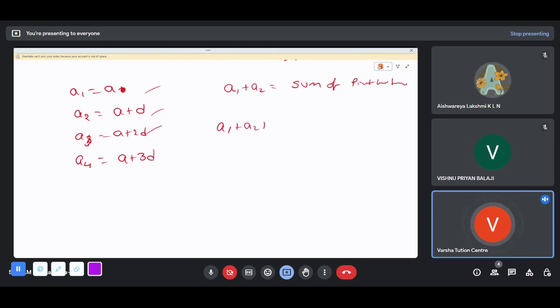What about this, madam? A1 plus A2 plus A3 plus A4 plus A5 is the sum of the first five terms. If I remove A1 and A2 also, what will you tell now? Sum of three terms or sum of first three terms?